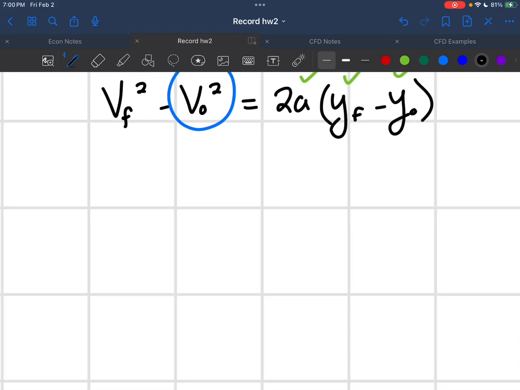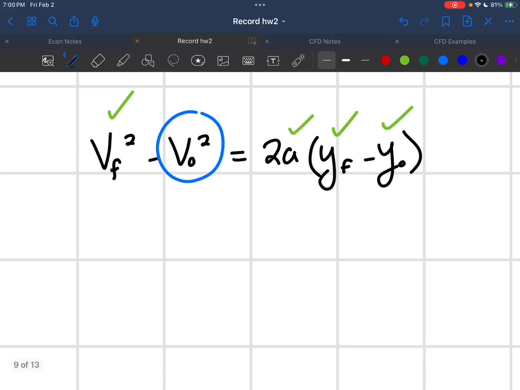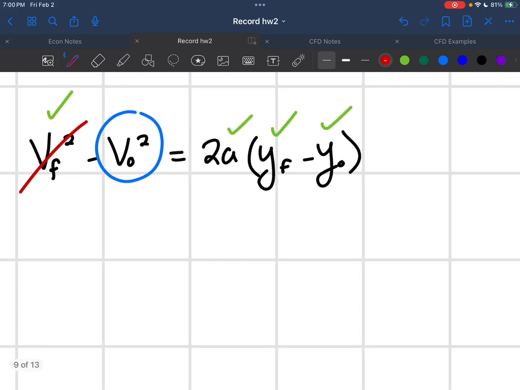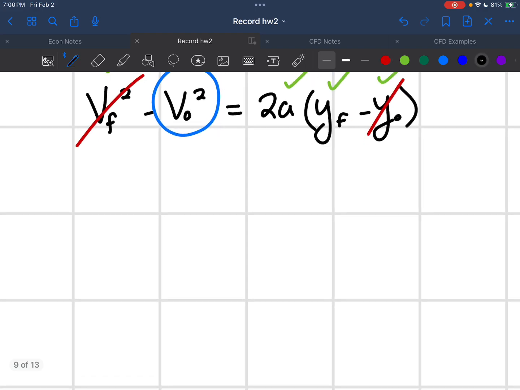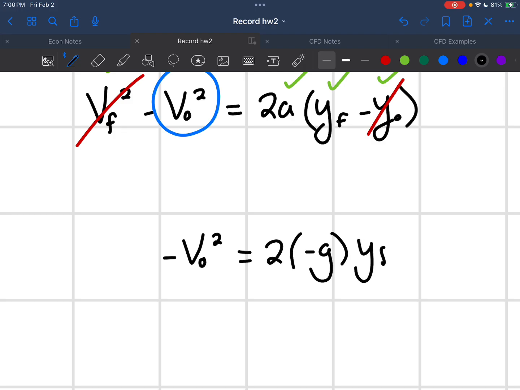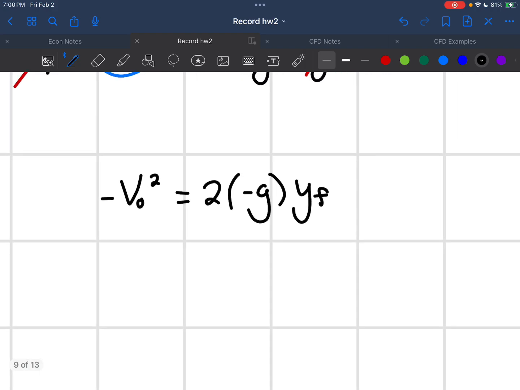In the meantime, I can plug in some of my numbers. My v final was 0. My y initial was 0. So making this look a little bit nicer, minus v naught squared equals 2 times minus g times y final.